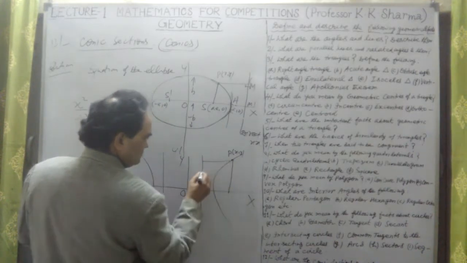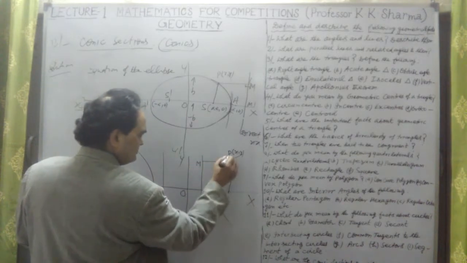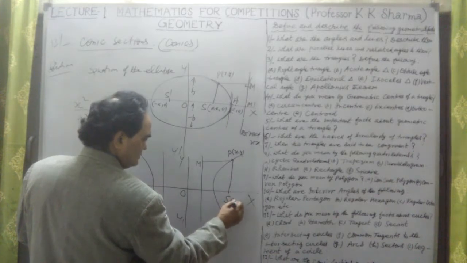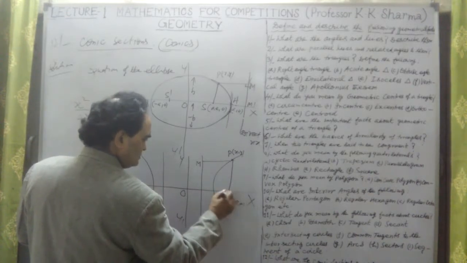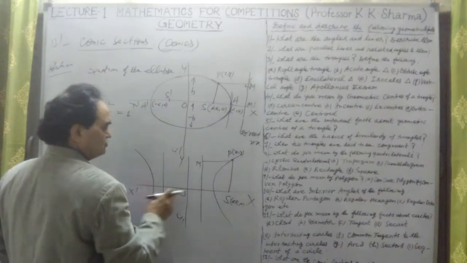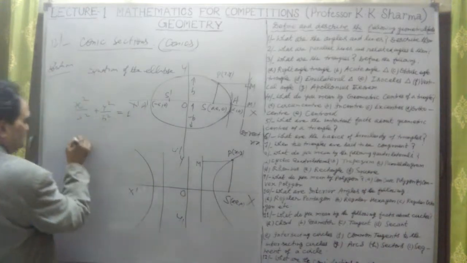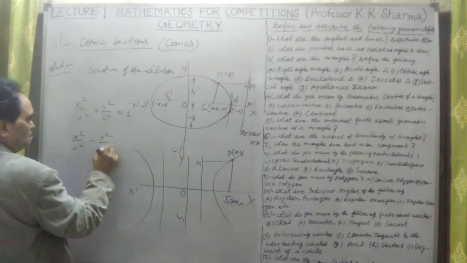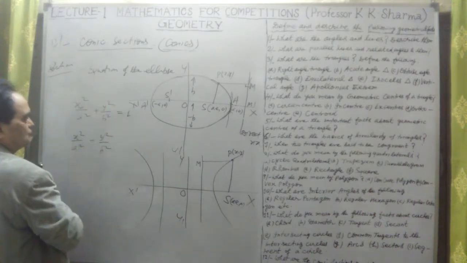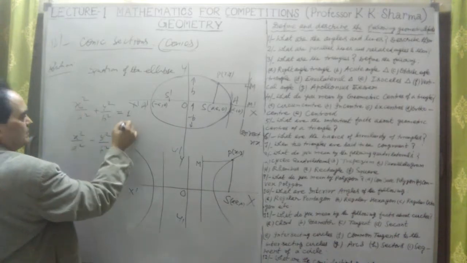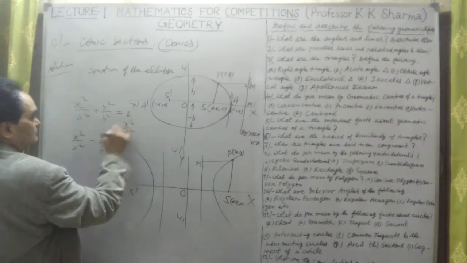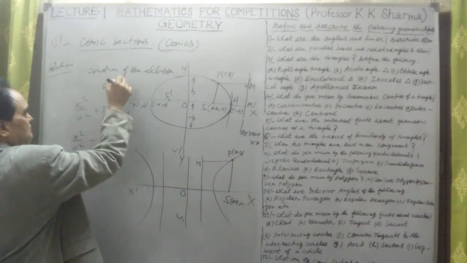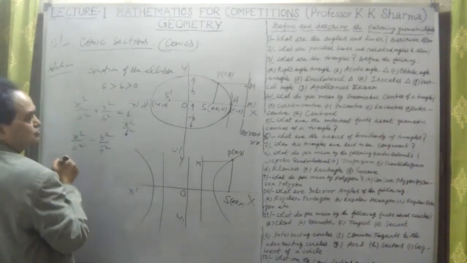Again, the perpendicular distance from this point. This is P, and this is the S point here. This is A, 0 again. Now the equation of the hyperbola is x square upon a square minus y square upon b square equal to 1. In the case of the ellipse, the equation can be x square upon b square plus y square upon a square equal to 1 if b is greater than a, where both a and b are positive.